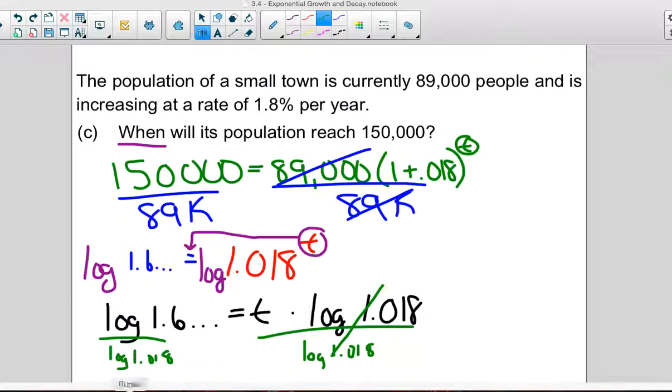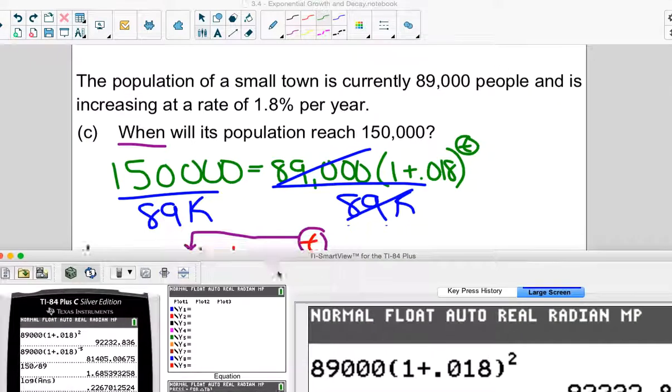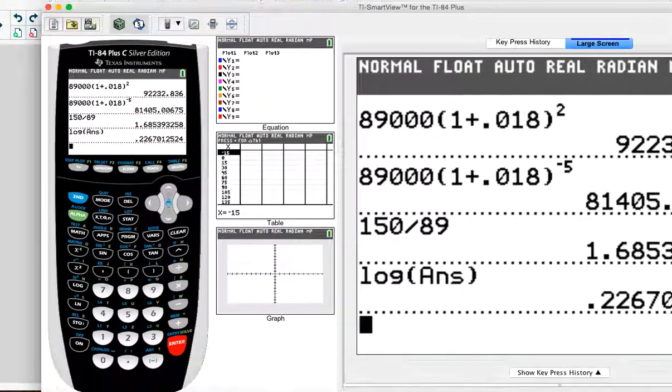So we have to do this on the calculator. So I think the last thing on my screen is this 1.685. So first things first, I'm going to take the log of it. So log of, we'll take the log of this answer from the last one. That's my numerator, so 0.226 is this, so it's 0.226 divided by log of 1.018.